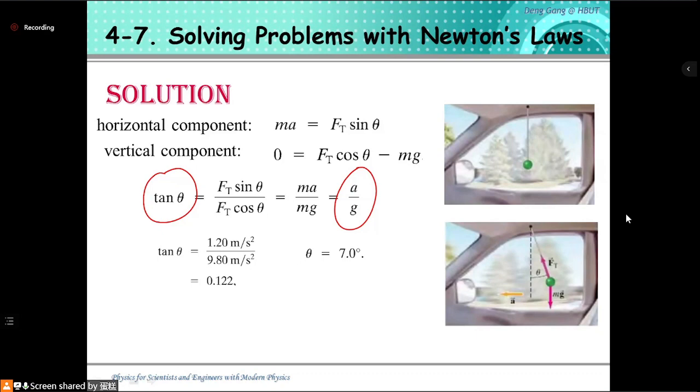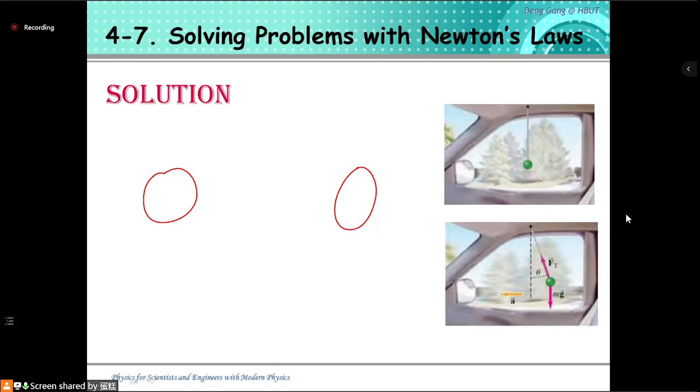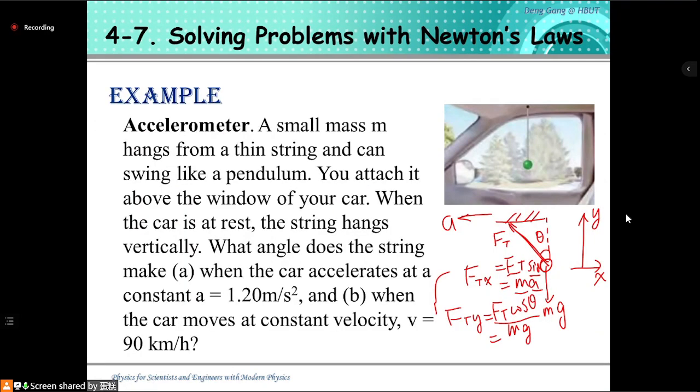But for the second question, when it is moving at constant velocity, the acceleration should be 0. Because according to the first law, if it is moving with constant velocity, the force is 0, right? The force is 0, the acceleration is 0.